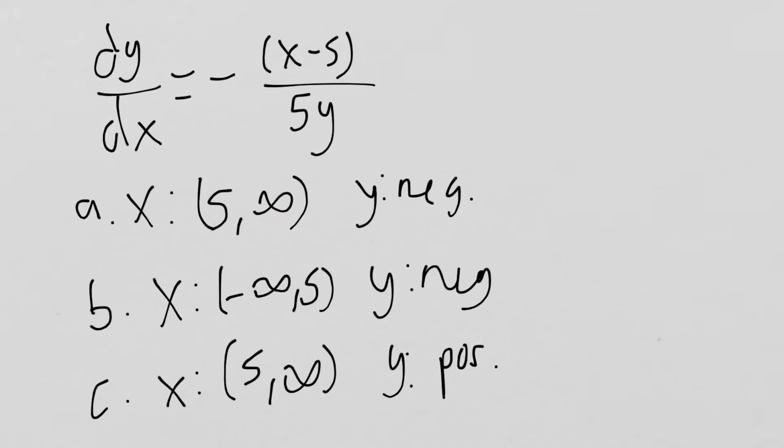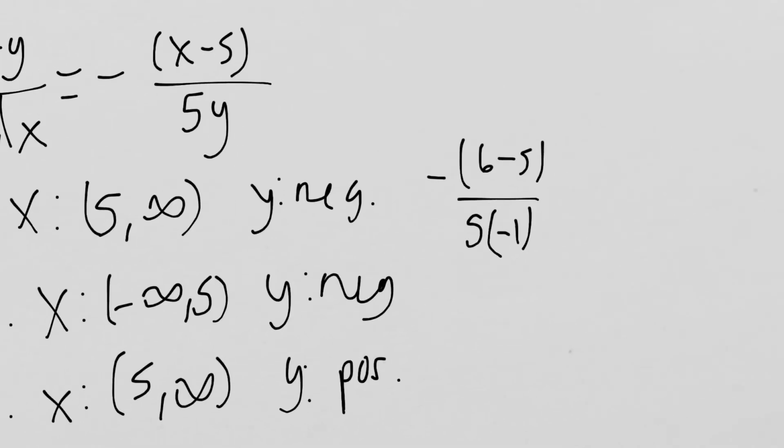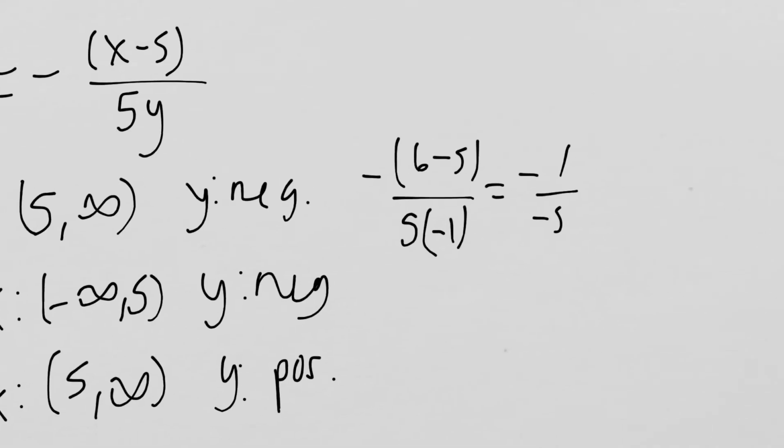So if I plug in like 6, for example, 6 minus 5 over 5 times any negative number. We can just pick negative 1. So that's going to be negative 1 over negative 5, which is positive.